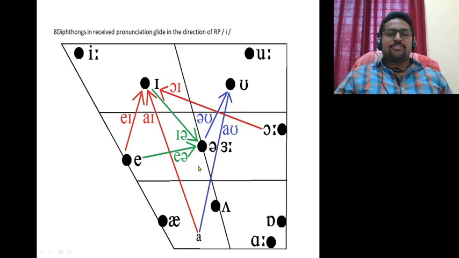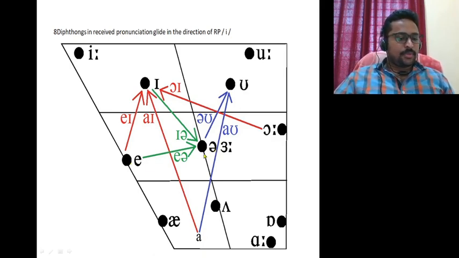Go for another sound, this is the sound, right? And it is gliding towards the received pronunciation vowel sound A. As in there, T-H-E-R-E.